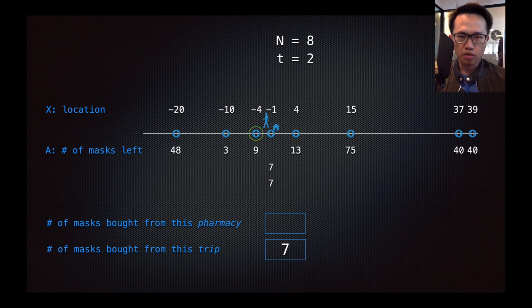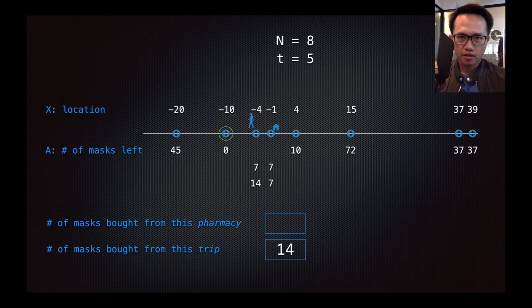So time goes by. As you can see, the inventory is depleting in every single pharmacy here. You keep walking, and when you get to the second pharmacy toward the left, only 7 masks are left, which makes it a total of 14 masks from this trip so far. And then you keep walking toward the left, and notice how the third pharmacy ran out.